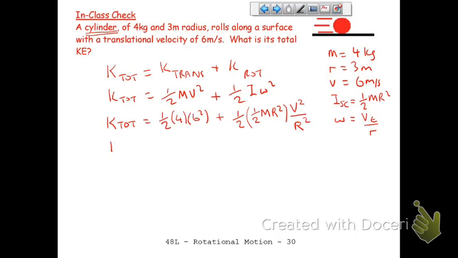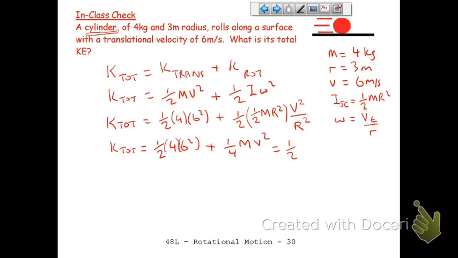So then I say, well, my K total is equal to 1/2 times 4 times 6 squared plus 1/2 times 1/2, which is 1/4. The mass stays in. Those r's cancel. Well, dimensionally it should be the same, shouldn't it? Because we're adding them, we should end up with mass times velocity squared.